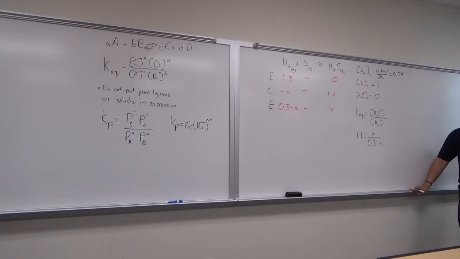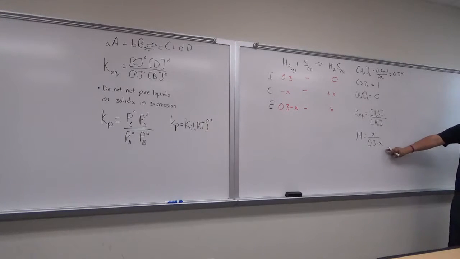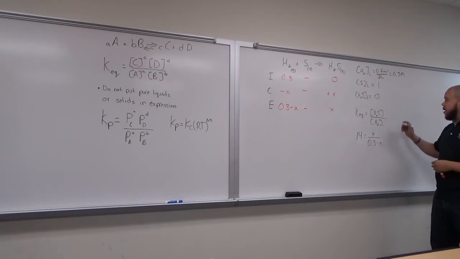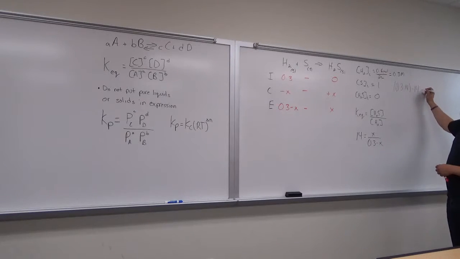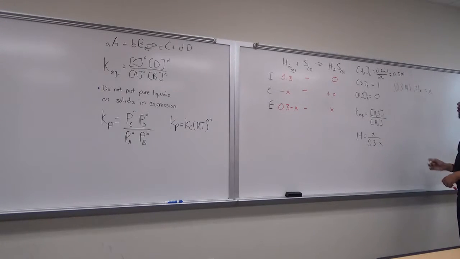We have been asked to find the concentration of H2 at equilibrium, which means that we have to find X, right? And we can find X by multiplying. We end up with 0.3 times 14 minus 14x equals x.